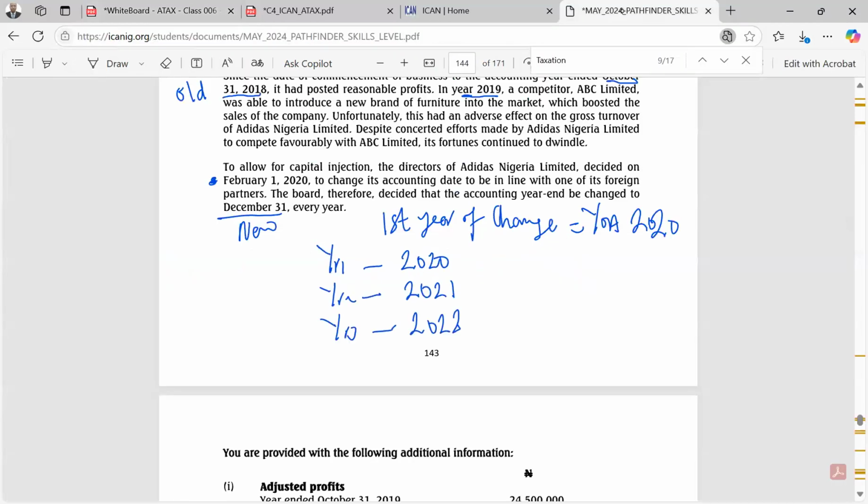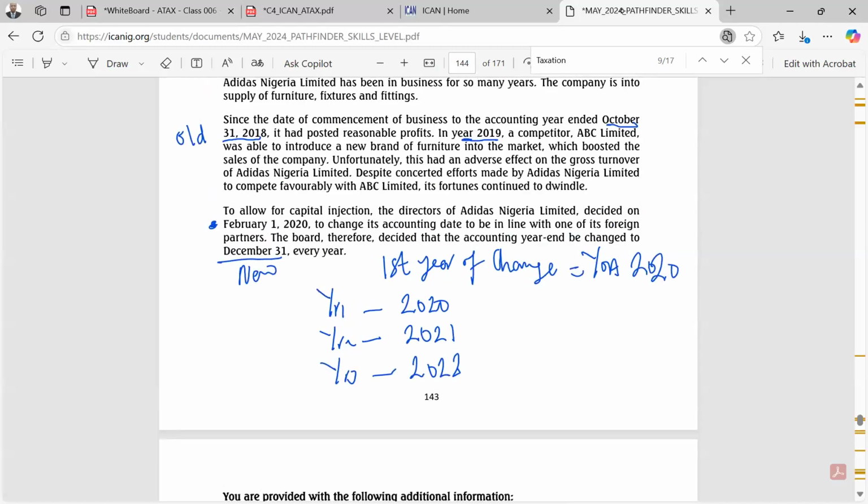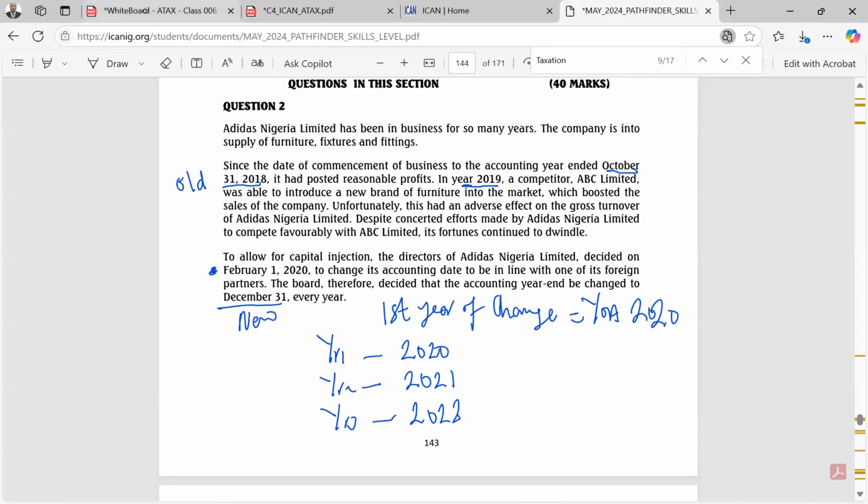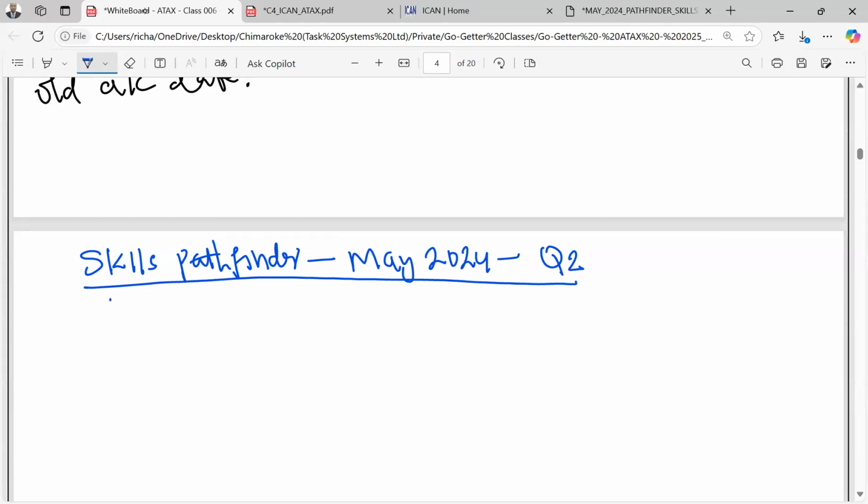And the name of the company is Adidas Nigeria Limited.